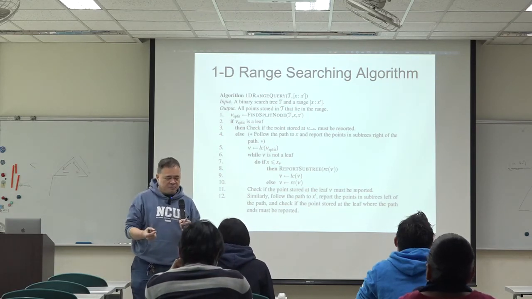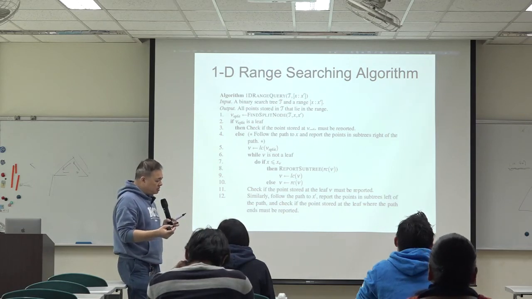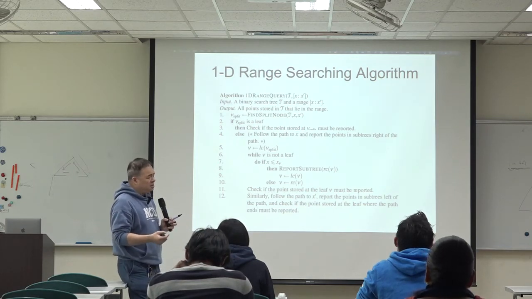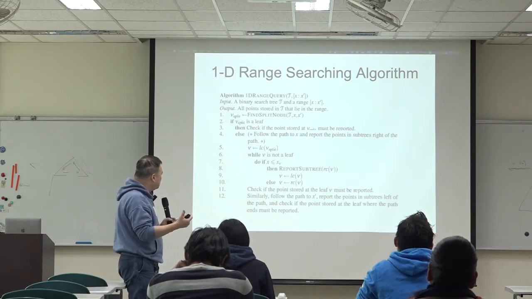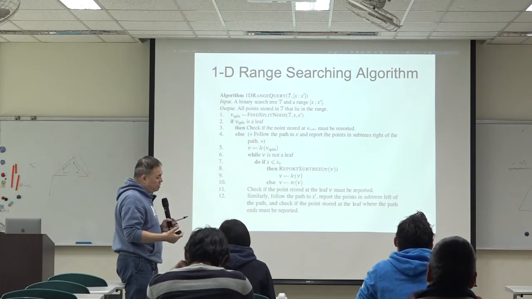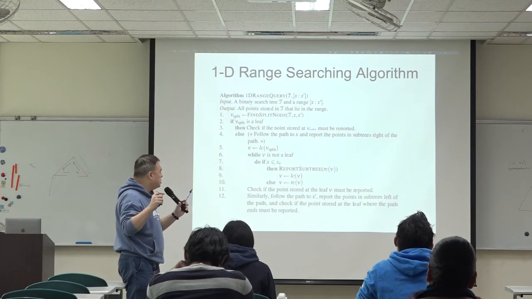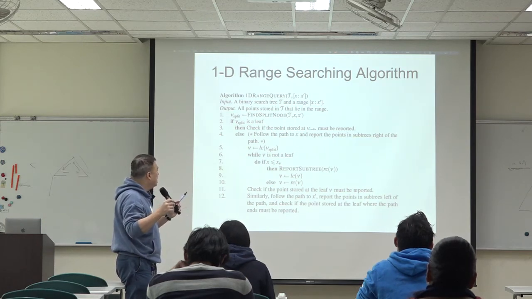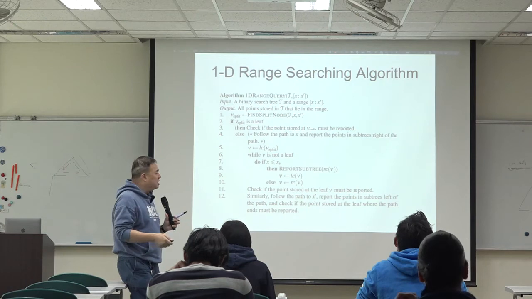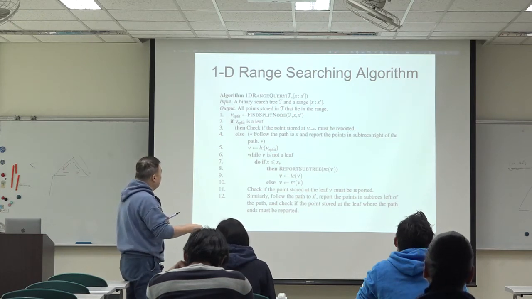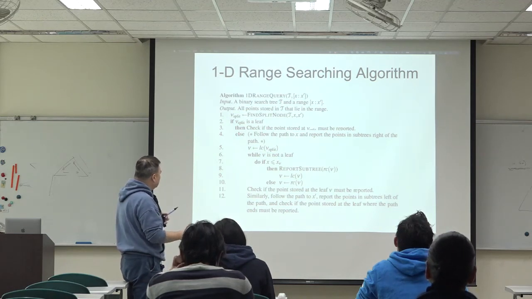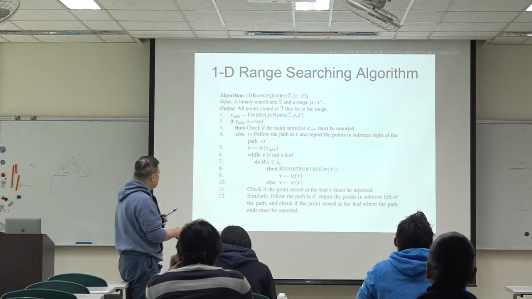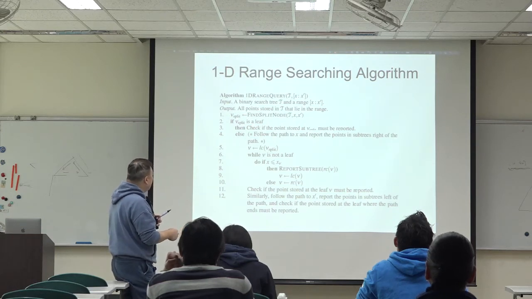Even though it is the split node, because it's a leaf node we need to check whether its value falls into the search range. If not, we shouldn't report it. Otherwise, if it's in the range, we report it. This deals with the case when the split node is a leaf node.